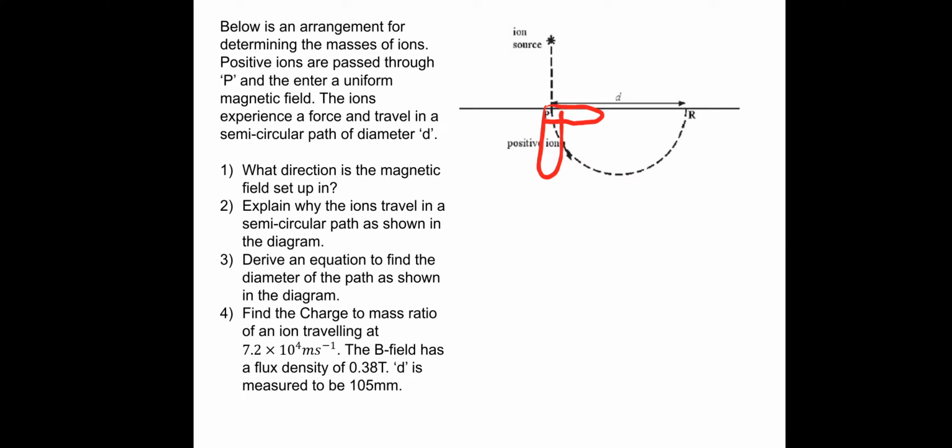So with your second finger and your thumb pointing in those directions, your first finger should be pointing into the page. So what is the direction of the magnetic field? Into the page, or into the screen, or into the plane of the diagram.